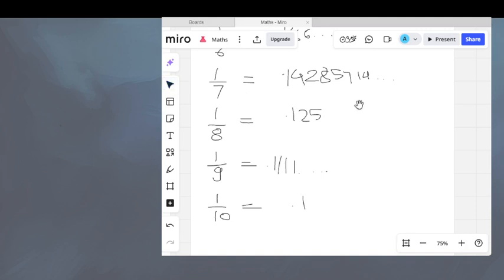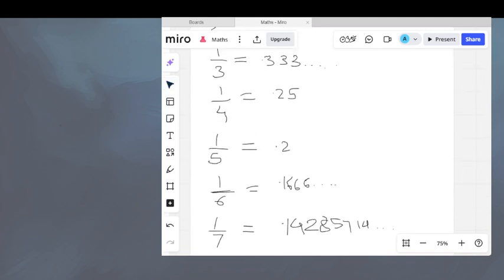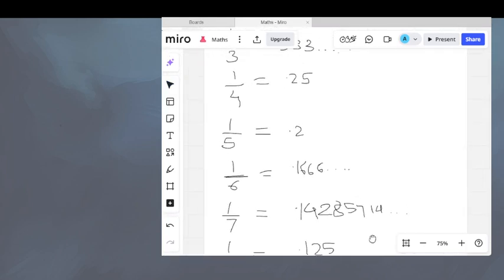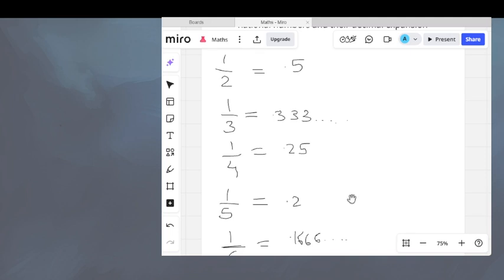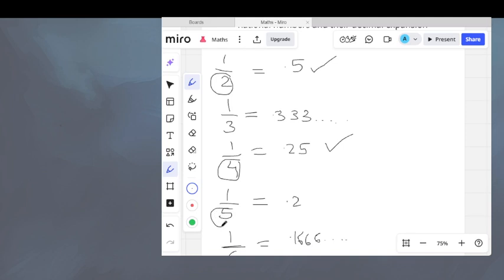So what do you see in all these fractions? This is terminating. Here we have denominator 4. Here we have denominator 2. Then here we have denominator 5.